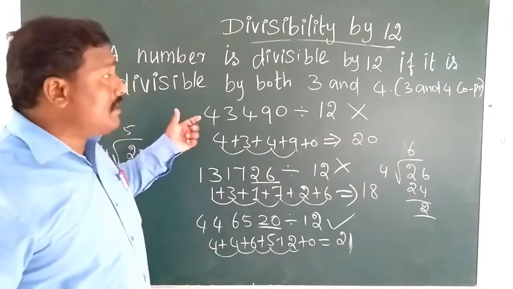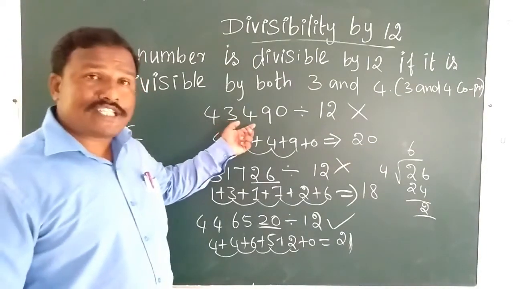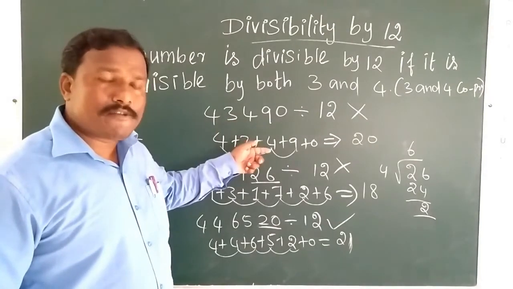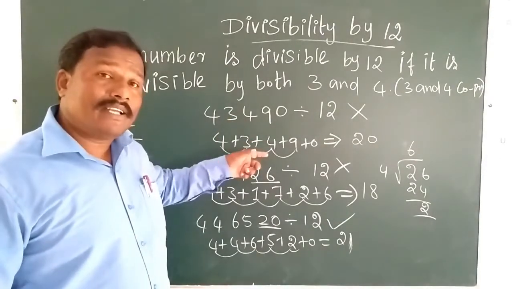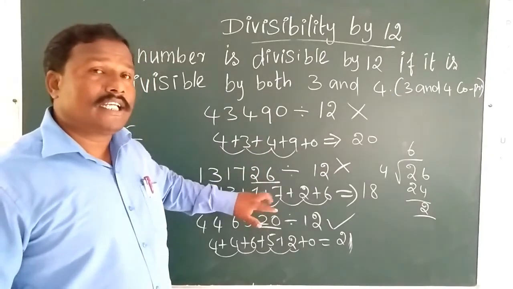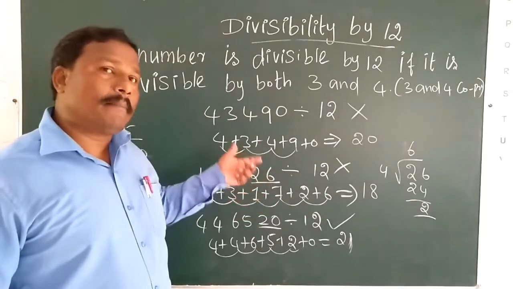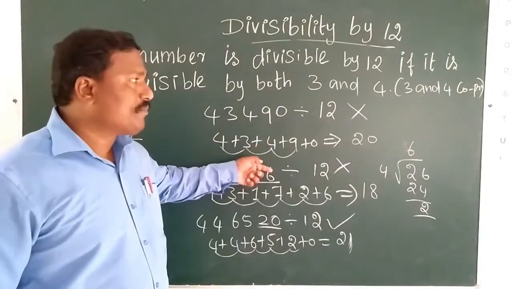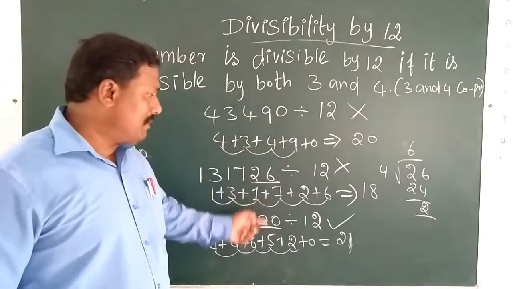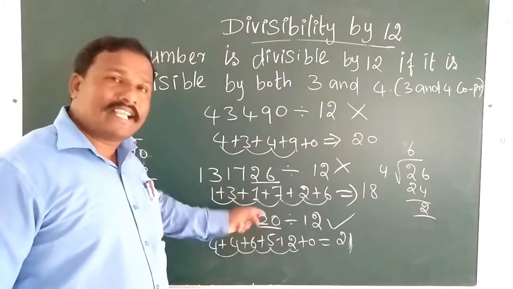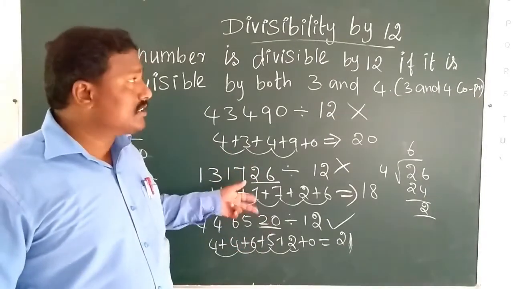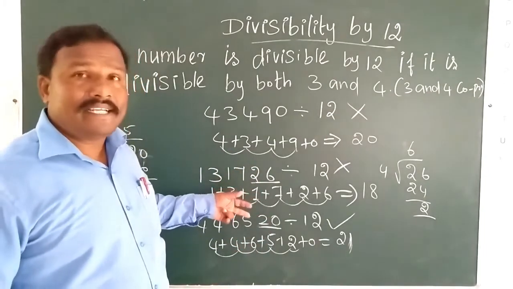If you want to check the divisibility of 12, we want to check 3 first. It may be divisible by 3 or not. If it is divisible, we have to check by 4. If both are divisible, that number is divisible by 12 also. So in the first two numbers, not divisible by 12, but the last one is divisible by both 3 and 4, so that's why it is divisible by 12.